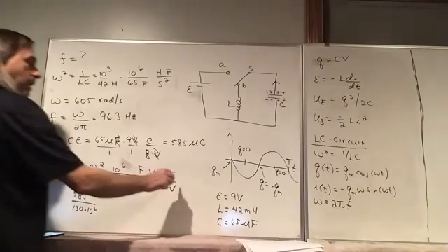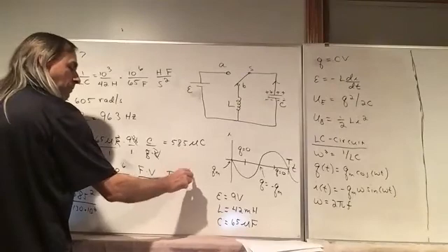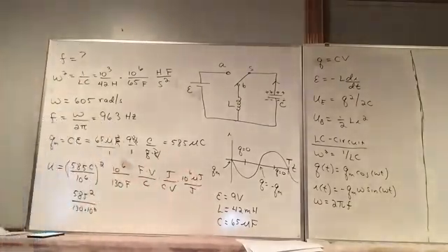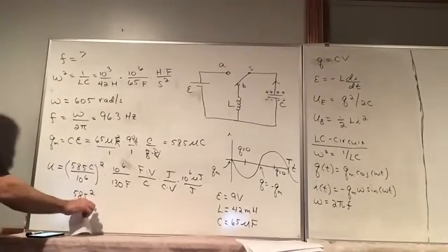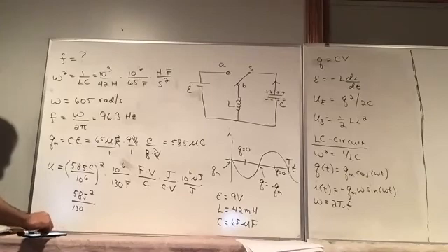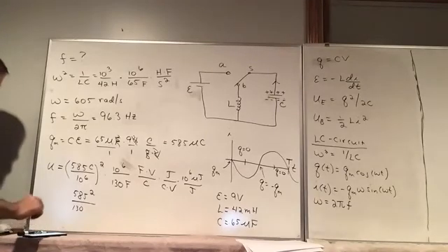Say 10 to the 6 microjoules in 1 joule, and so we can cancel this out as well. So we have 585 squared divided by 130.